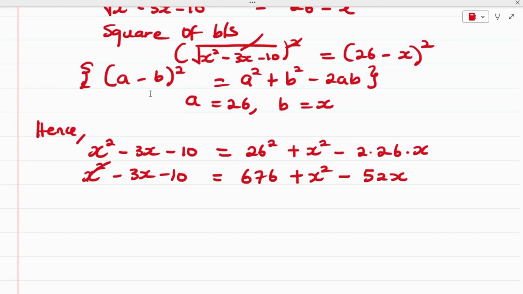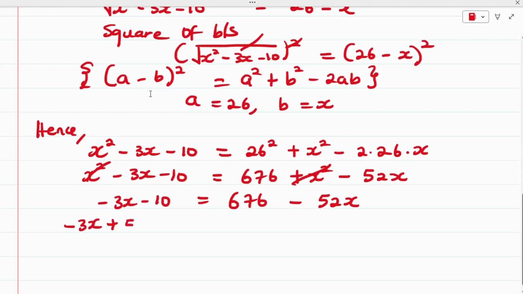So x squared is going to cancel out x squared, so we have minus 3x minus 10 is equal to 676 minus 52x. So collecting like terms, we have minus 3x plus 52x is equal to 676 plus 10.